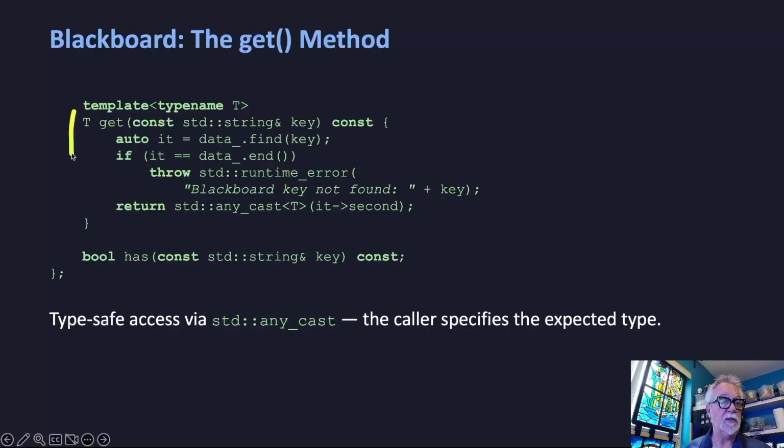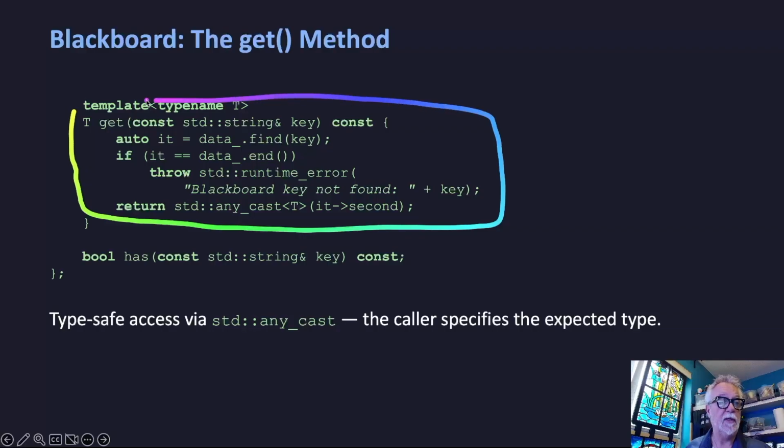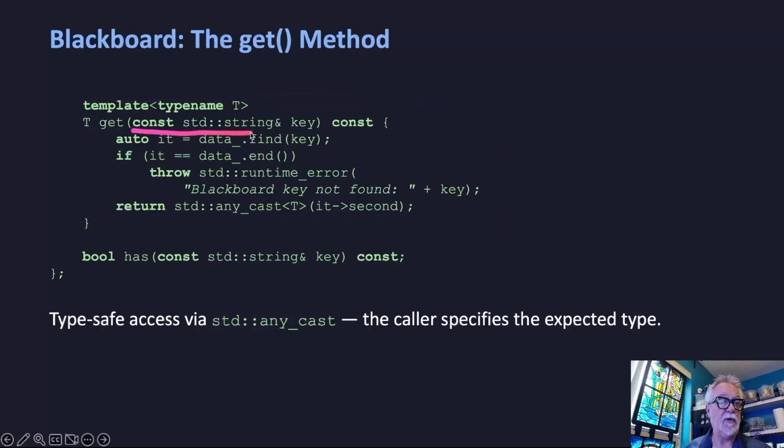So this is the type, so I can store objects of any type, and when I ask for a value for the string, I go find it in my data. If I did not find it, I can throw an exception and say I did not find it. Otherwise, I return that item.